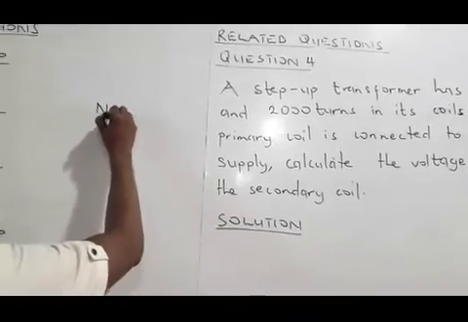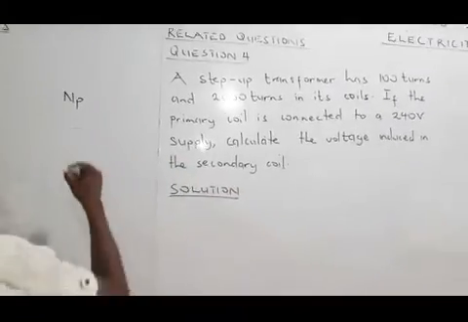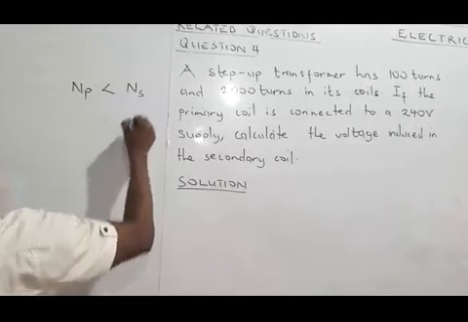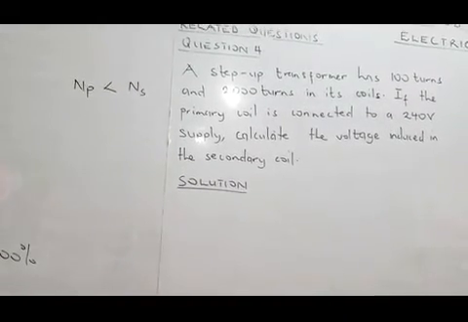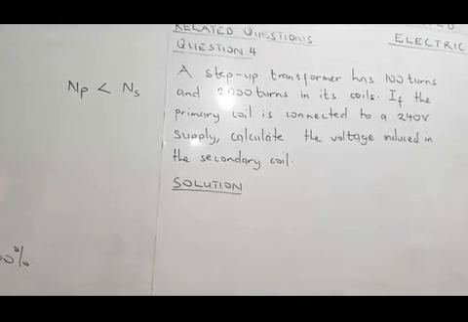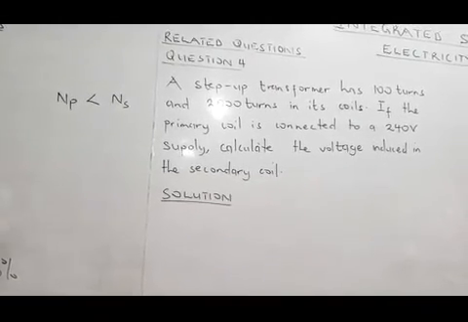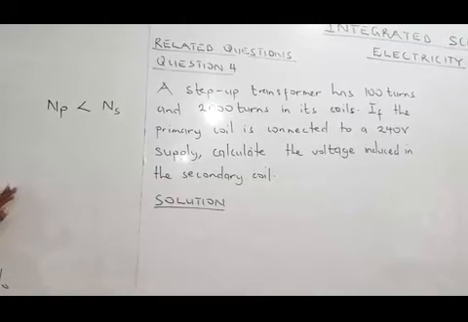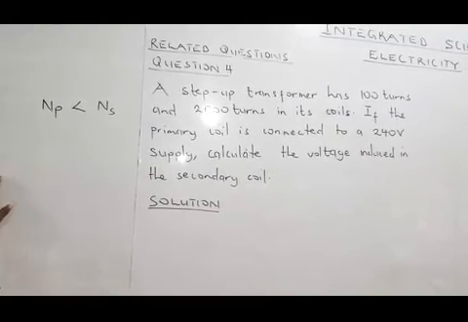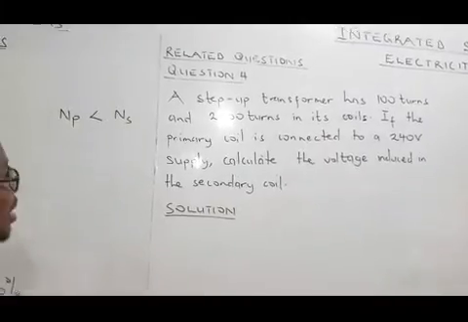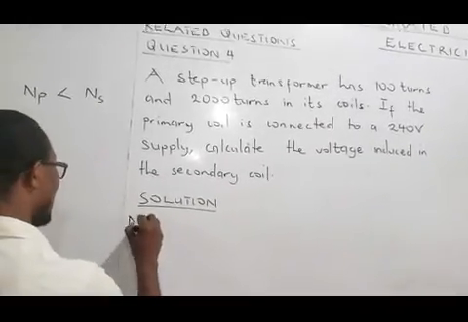For step up, the number of primary turns is lesser than the number of secondary turns. So 100 is lower than 2000. So it means that the 100 turns represents the number of primary turns and the 2000 represents the number of secondary turns.